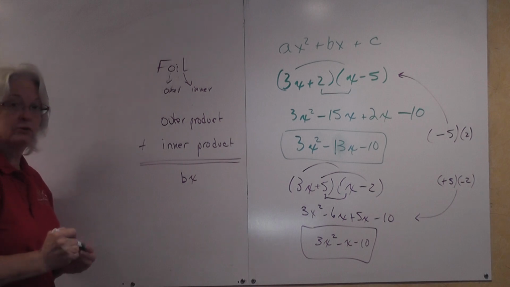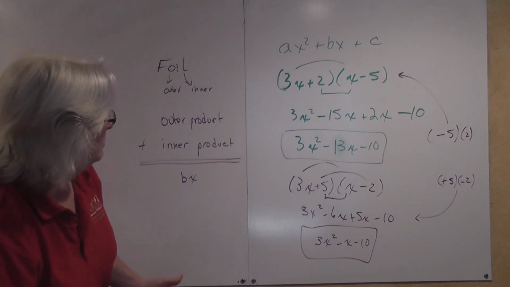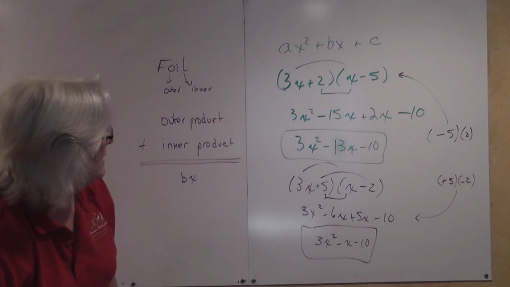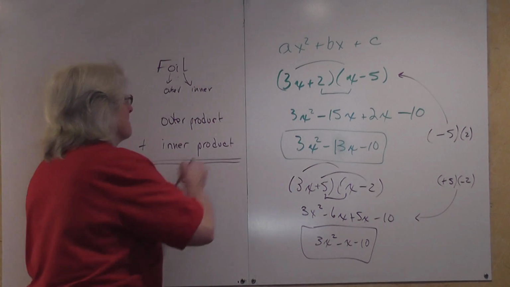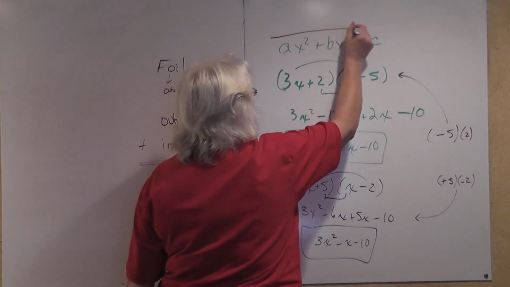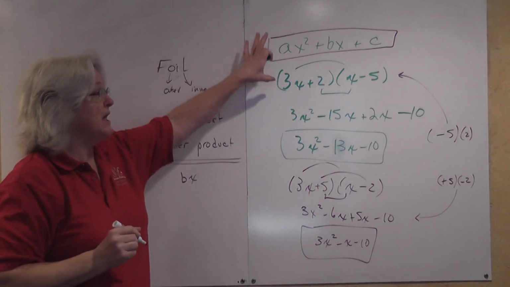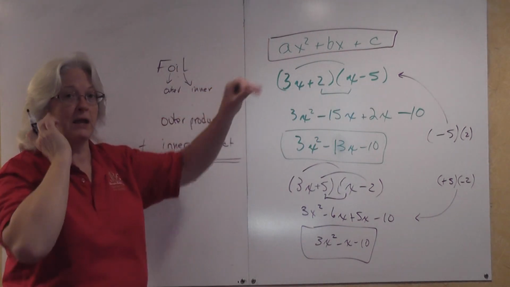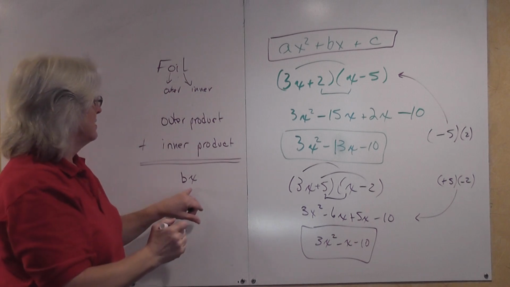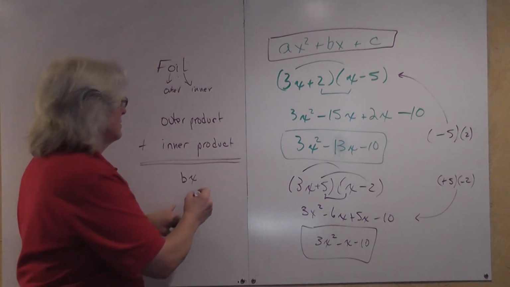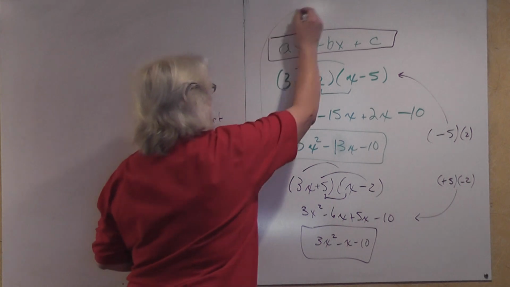Okay? What do I mean there? It sounds weird. Well, look here. We have trinomials that take the form ax squared plus bx plus c. This is the bx that we're talking about.